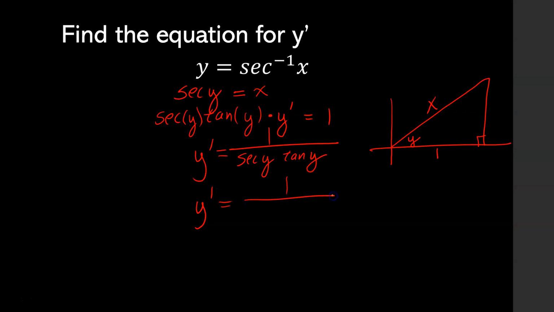That's x. And then tangent of y is going to be the length of the side opposite y, that's over here, divided by the length of the side adjacent, that's 1. So we just need this side opposite, which hopefully you're getting good at doing in your head, is going to be the square root of x squared minus 1.